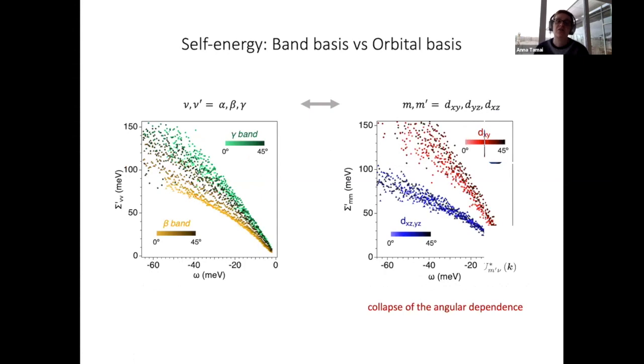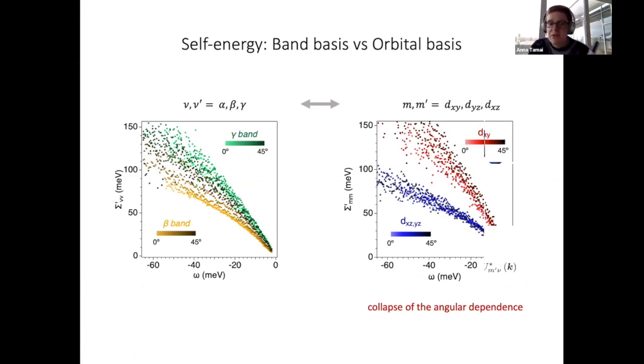So I show you the result of this unitary transformation. This is shown here. On the left side, I summarize all the data that I showed you before. The self-energy in the band basis, as you move radially along the Fermi surface, you have a very complicated situation where the self-energy changes, and it's different for every single direction.